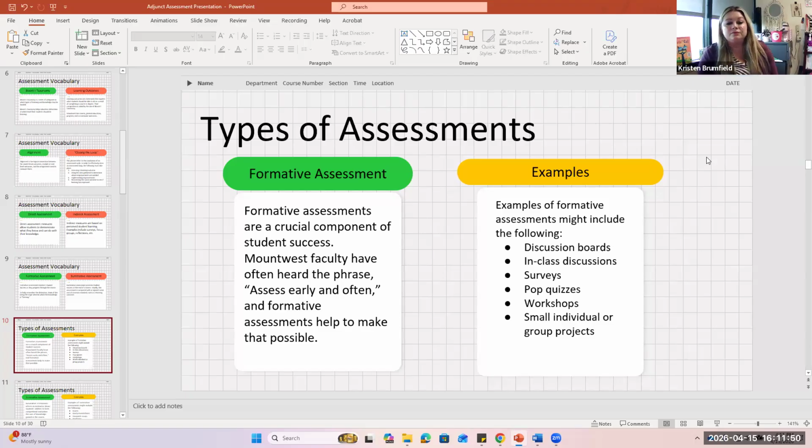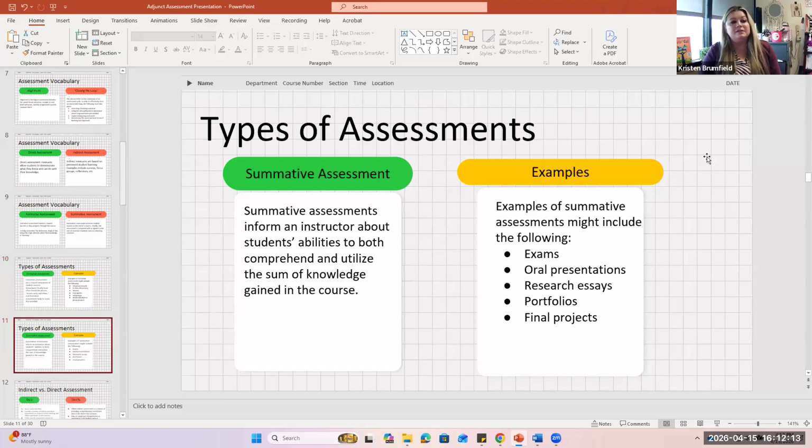Some examples of formative assessment could include discussion boards, things that you're already doing in your classes, in-class discussions, surveys, pop quizzes, workshops, small individual or group projects as well. So you're assessing outcomes through the assignments that you're giving.